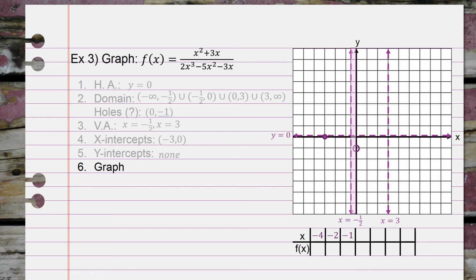So a small sliver. But we do want to see what's happening, so we choose a value of -1/4. The next region we want to check is between the hole and the vertical asymptote of x equals 3. In that region, we see x is equal to 1 and 2. So we add those values to our t-chart.